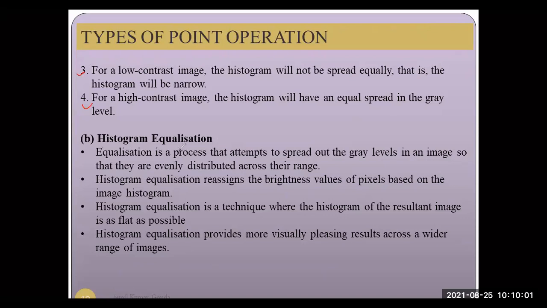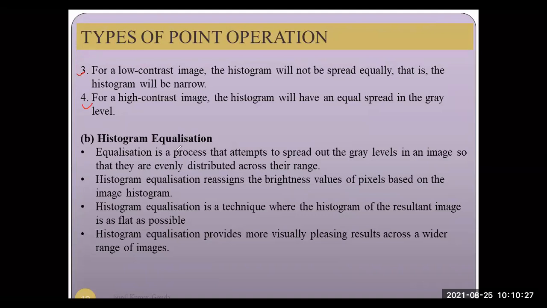Now, equalization is a process that attempts to spread out gray levels in an image so that they are evenly distributed across the range. So what we will do is try to spread the number of occurrences of the gray levels in an equally distributed range.